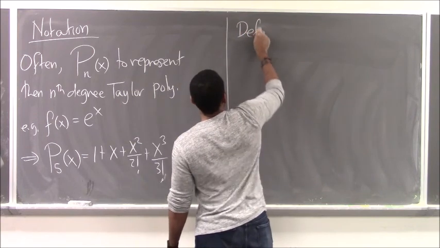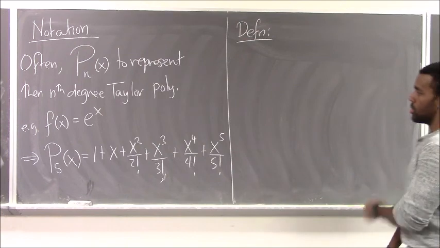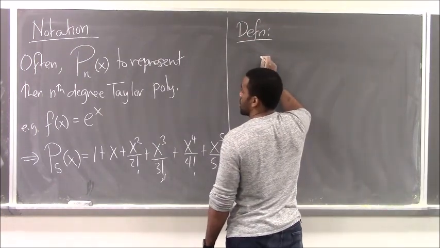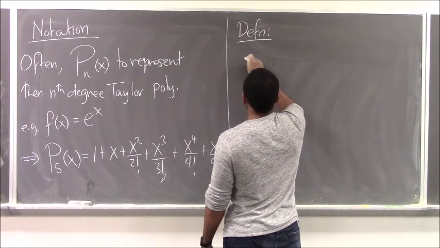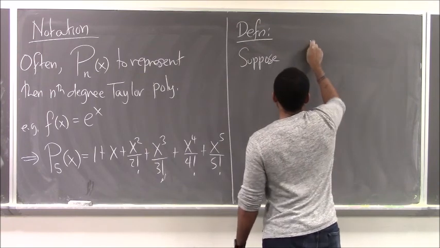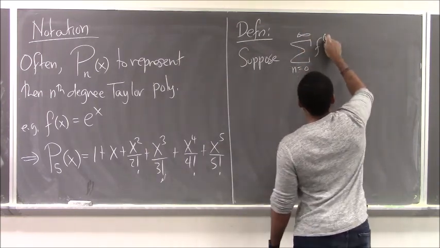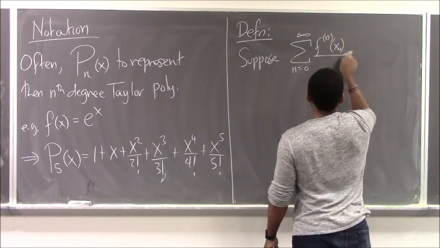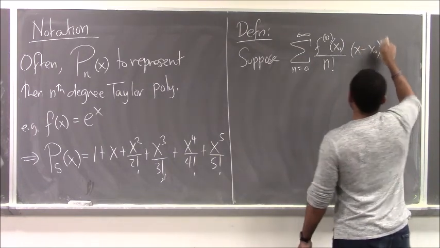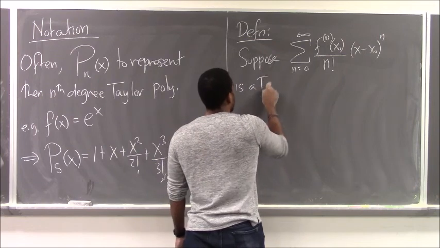Definition. Suppose the sum of f to the n of x naught over n factorial times x minus x naught to the n is a Taylor series.